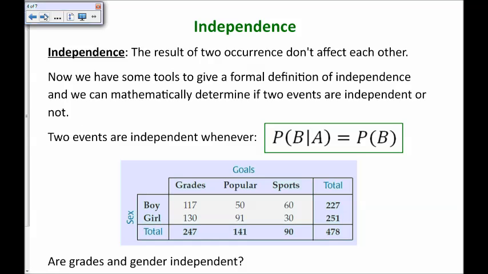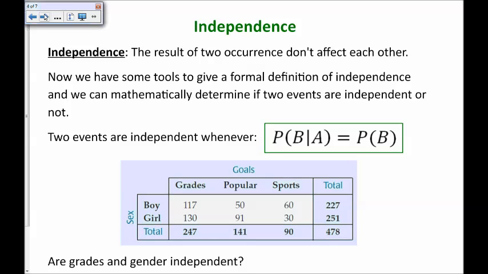Next, let's look at independence. Last chapter, I gave the definition of independence as two occurrences that don't affect each other. That's true, but it may not be the best working definition to test whether two occurrences are independent. Now that we have the tool of conditional probability, we can come up with a mathematical definition for independence.